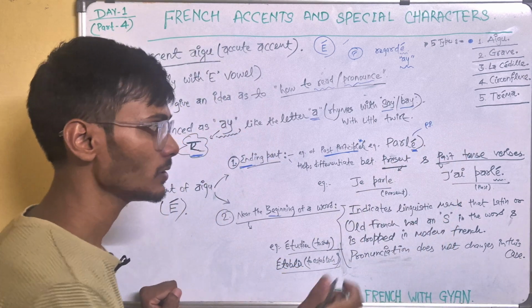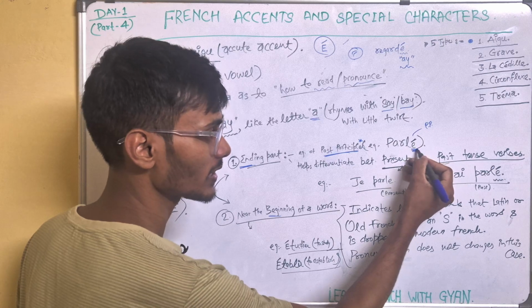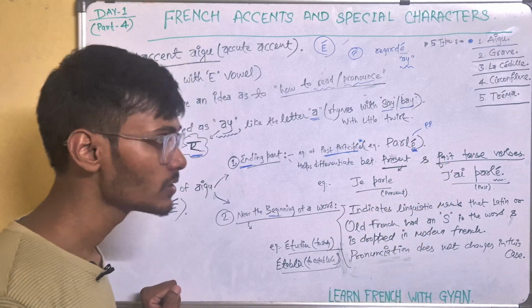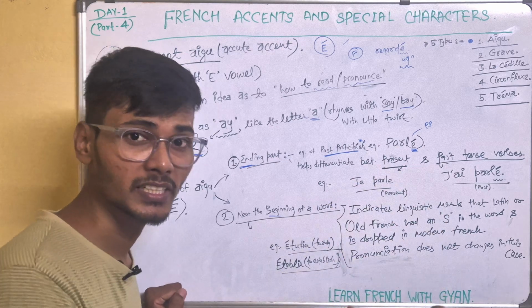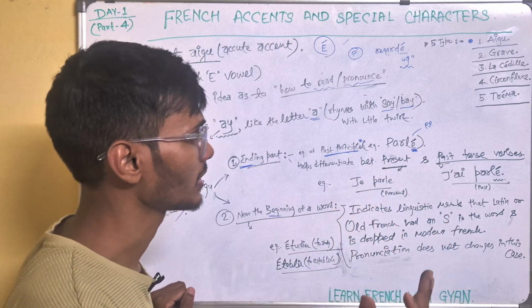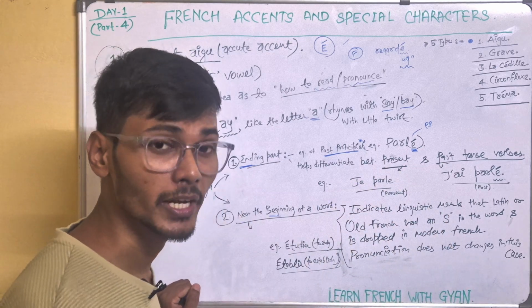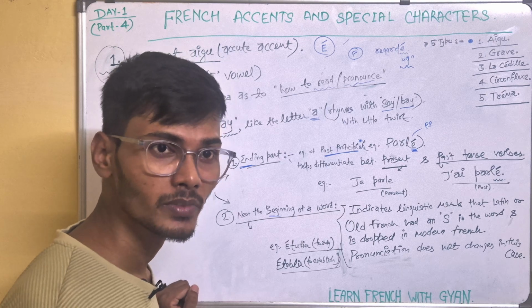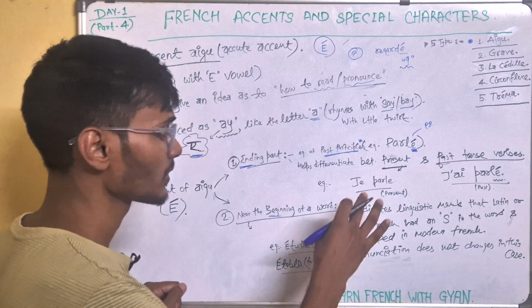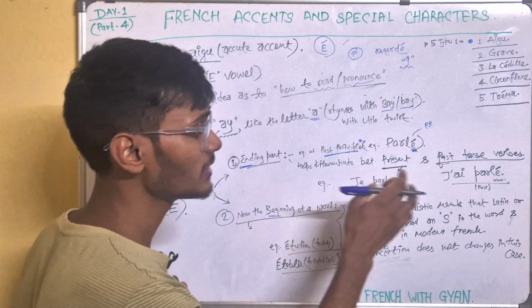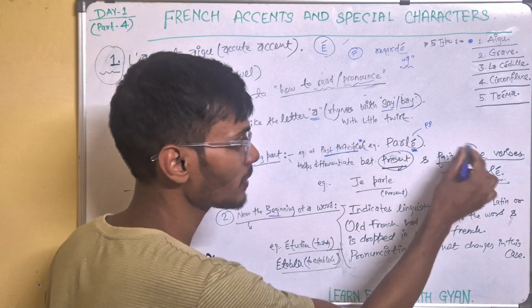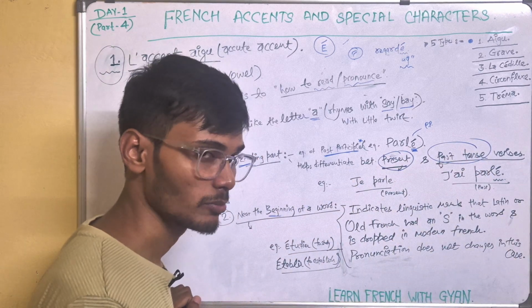So in the past participle we have this accent, parlé, or regardé, or other possibilities: take any other verbs, manger, écouter, attendre. These verbs help differentiate between the present tense and the past tense. I'll be teaching you present and past tense.